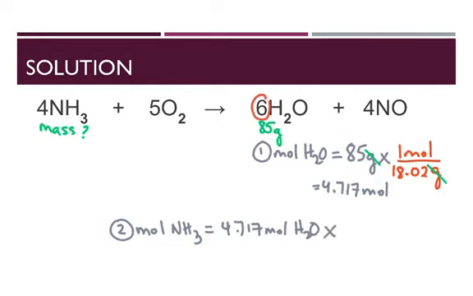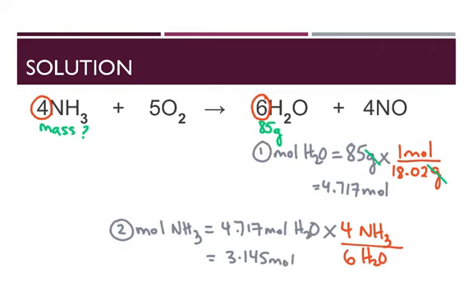So I'm looking at the relationship between water and ammonia. I'm looking for ammonia, so my 4NH3 will go on the top and my 6H2Os will go on the bottom. So 4.717 times 4 divided by 6, and we should be able to get 3.145 moles. Again, I'm just keeping some extra digits.